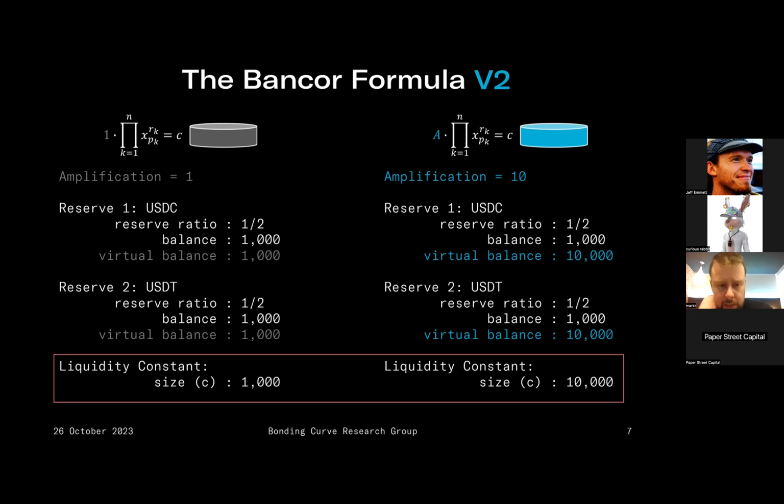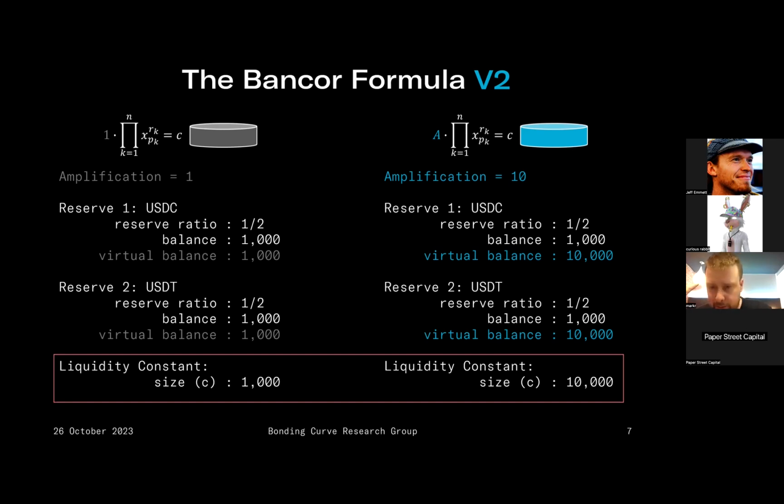In the Bancor V1 case, the virtual balance is equal to the real balance. Whereas in the Bancor V2 case, because we've applied this amplification constant, in this case 10, the virtual balance of tokens looks to be 10,000 rather than 1,000.